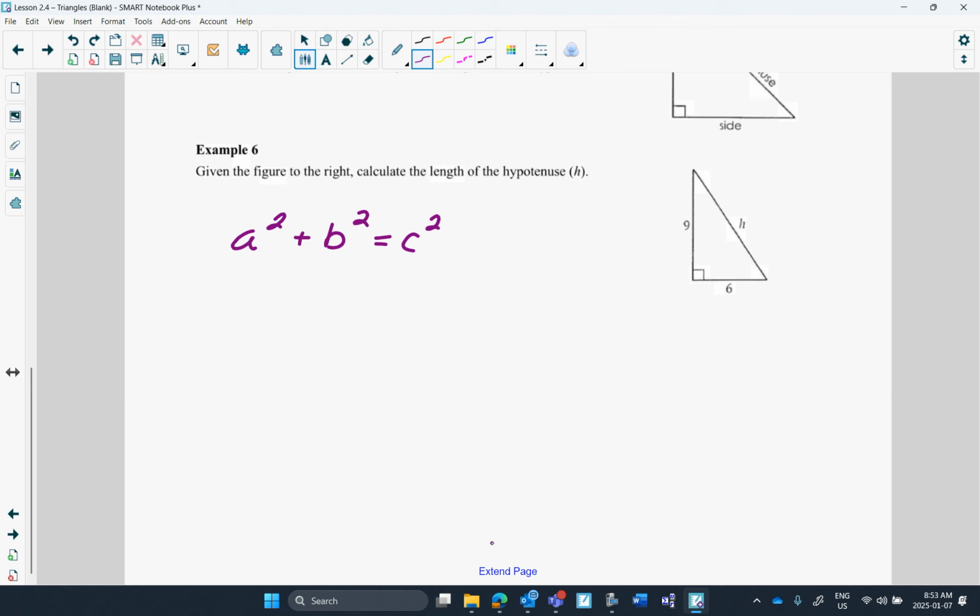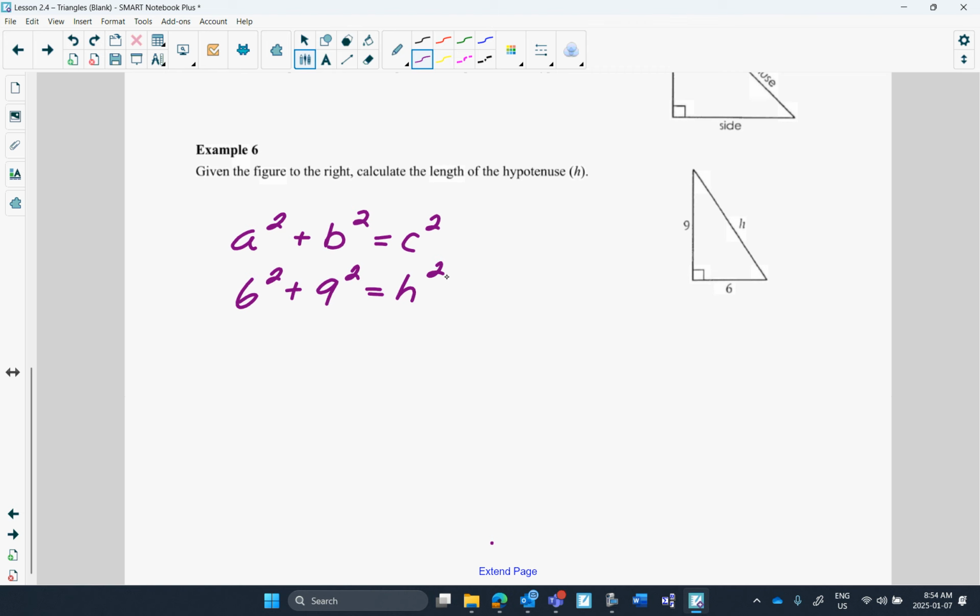So what would it look like when I plug in all of this stuff, 9, 6, and H into the formula? Right. H squared, as they call it H.